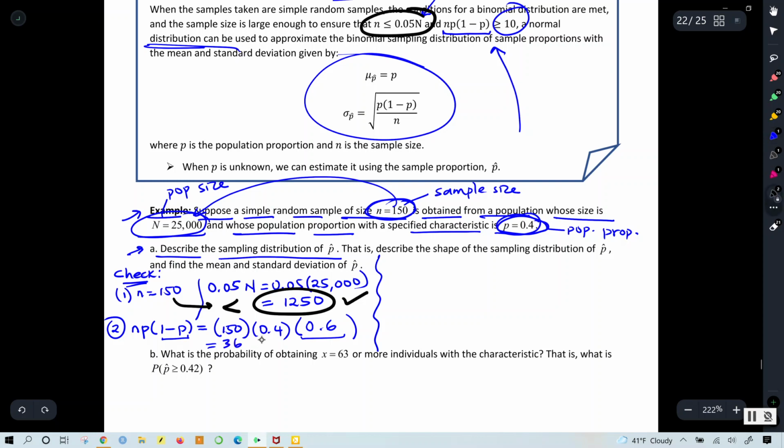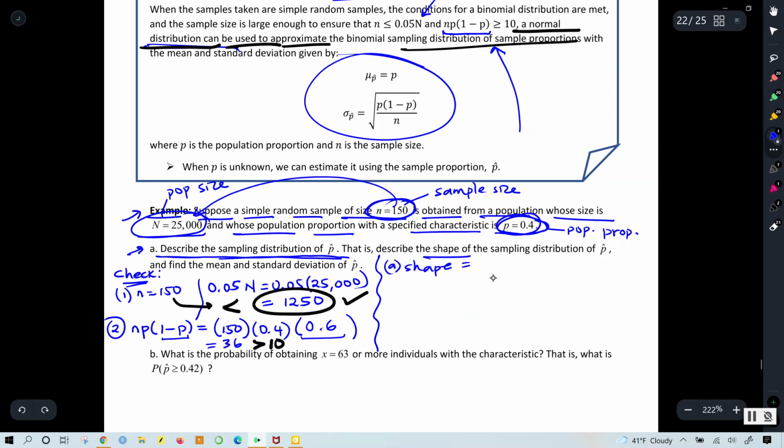That is greater than 10, which means it meets the second condition. Once it meets both conditions, we'll learn that a normal distribution can be used to approximate the sampling distribution of the sample proportions. So that means that I can now describe the sampling distribution in terms of its shape. So A, the shape would be the shape of the normal distribution.